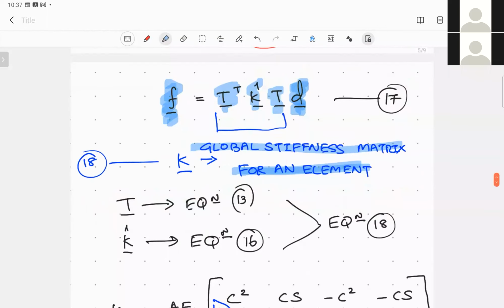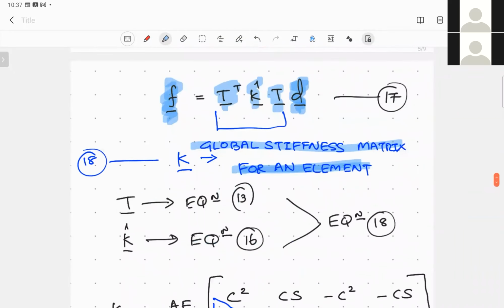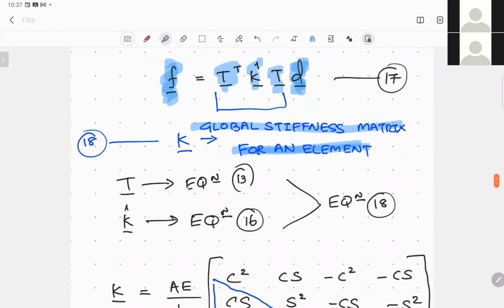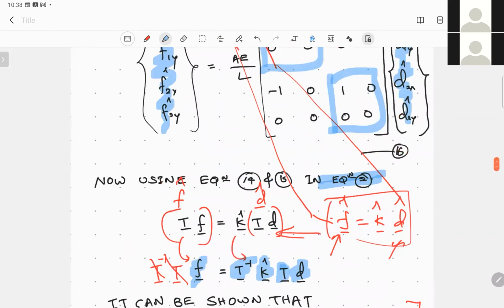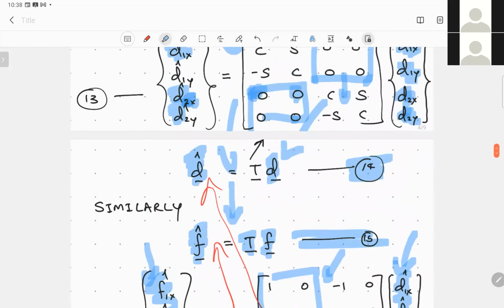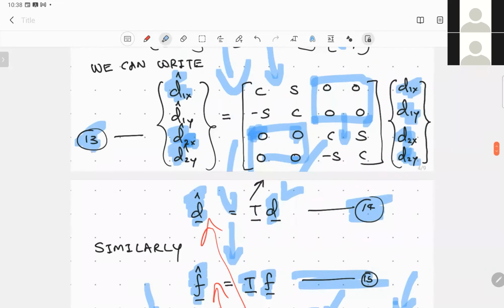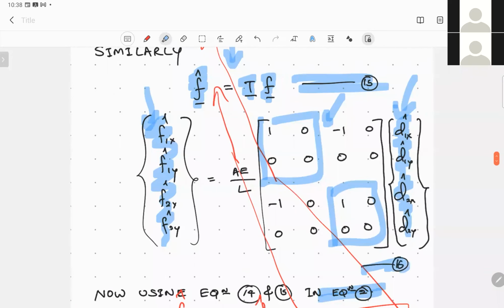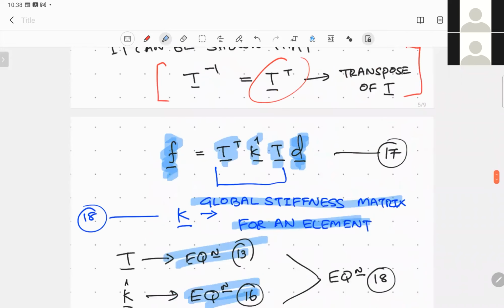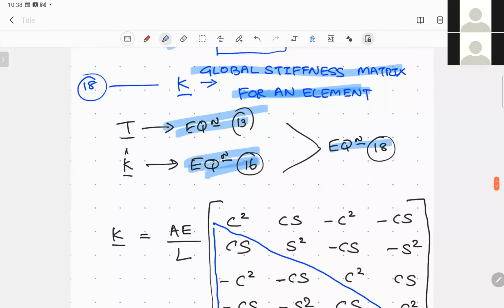So for example, you can use equation 13 and equation 16, these two large equations, to obtain equation, let's say, 18.